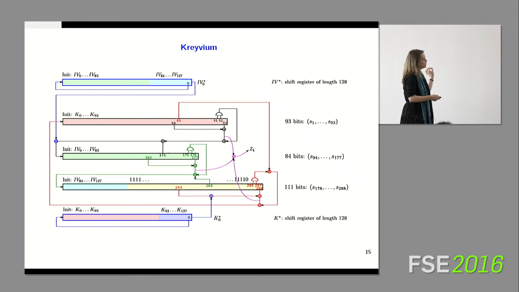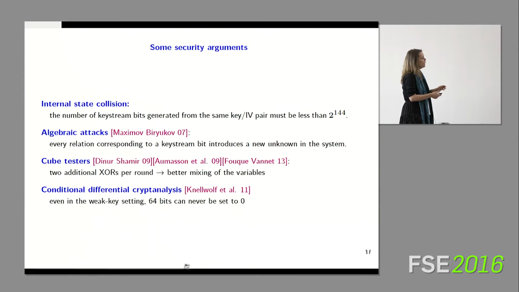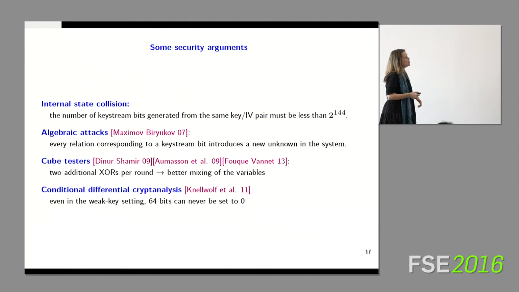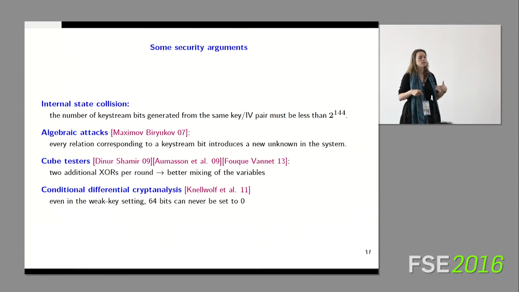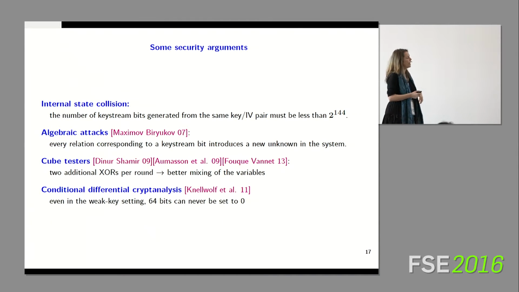So this means that when you write down the equations corresponding to the value of the keystream bit, we get one more unknown, which is one of the key bits coming from these key registers. So this means in practice that the time complexity of algebraic attacks increases because of that. Also, because we have these additional XORs with the key and the IV, we get a better resistance to cube testers and all these kinds of attacks.